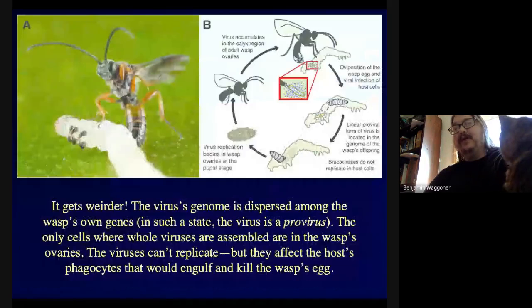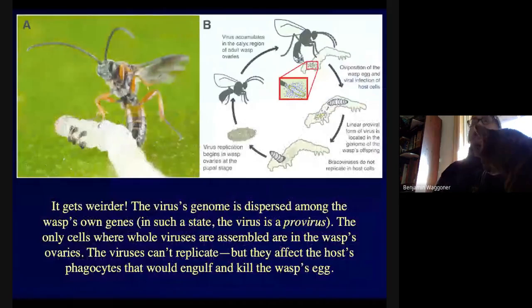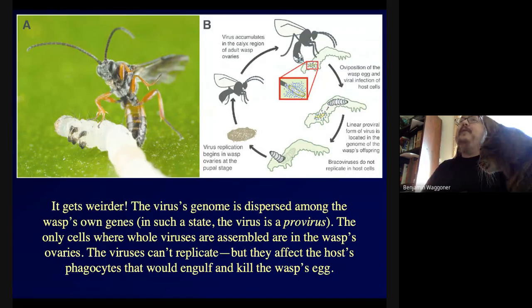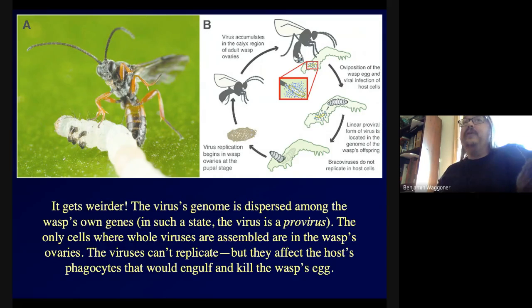It gets weirder. I don't know how much virology you folks have had, but you might have learned this at some point. There are viruses where the virus's DNA can splice itself into the host DNA and be transcribed, translated, and passed on for many generations.